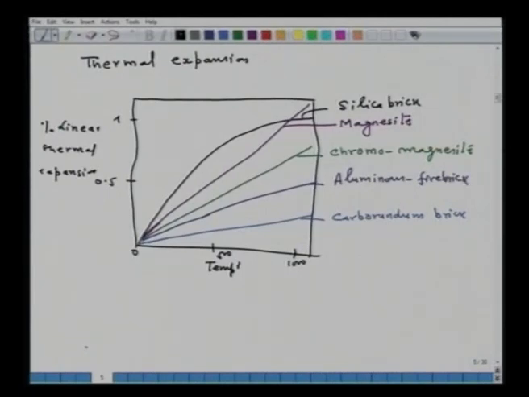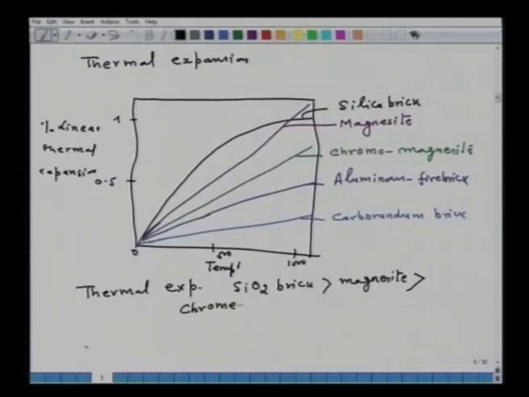So, to conclude the figure, what we can say from here is that the thermal expansion of silica brick is greater than magnesite, is greater than chrome magnesite, I have just put chrome mag, is greater than aluminous fire brick, and is greater than carborundum brick.